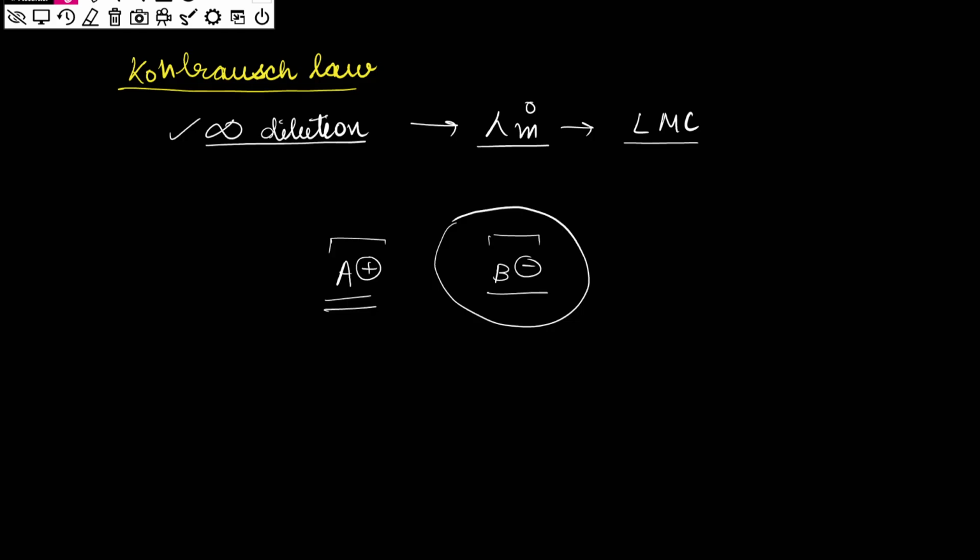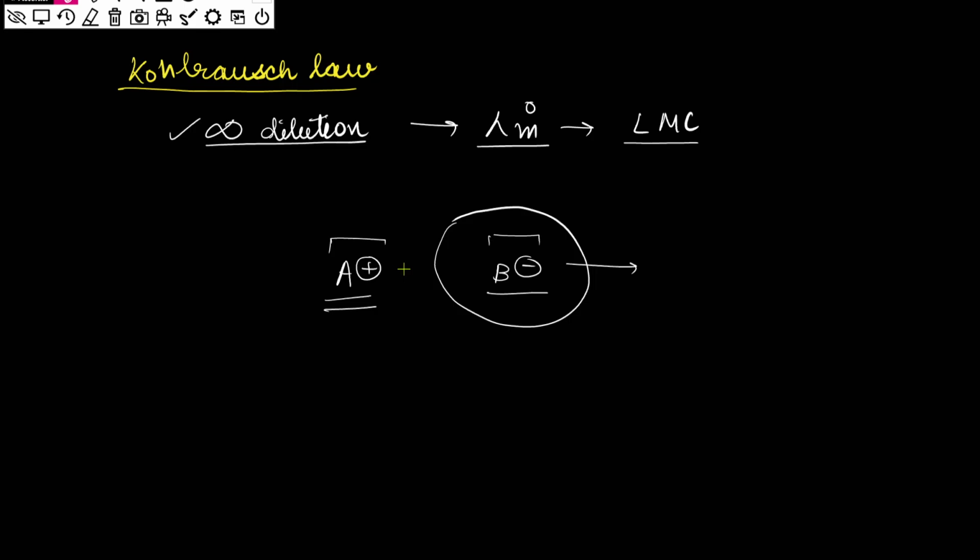So when there is infinite dilution, these ions become independent of each other and will work independently of their co-ion, and then they will contribute their maximum to the total limiting molar conductivity of the solution.